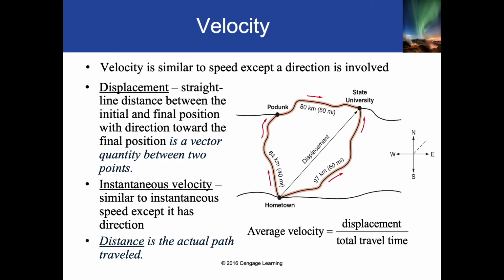So you can also get the average velocity by dividing the displacement by the total travel time. Everybody understand that? That makes sense, right? Everybody know the difference between distance and displacement? It's a little confusing, but what can you do?